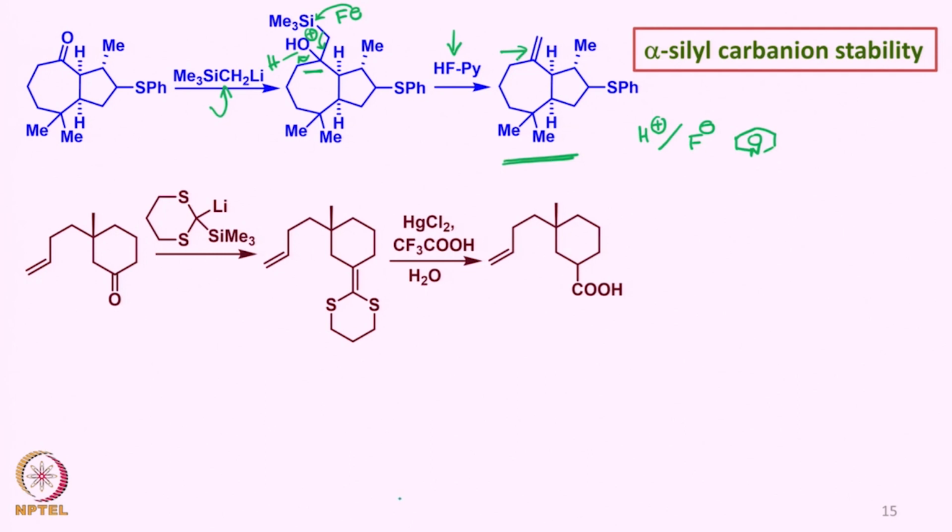Now in a similar fashion, if we take the anion alpha to the silicon in this substrate, where the negative charge is next to the two sulfurs, that can also add to this and, after the Peterson olefination, we can expect to form a double bond of this kind.